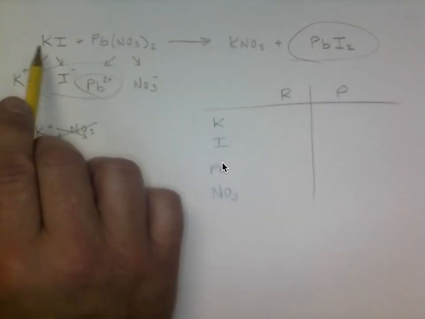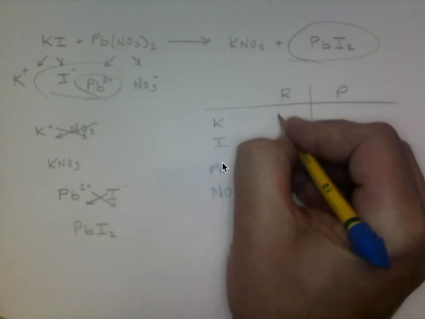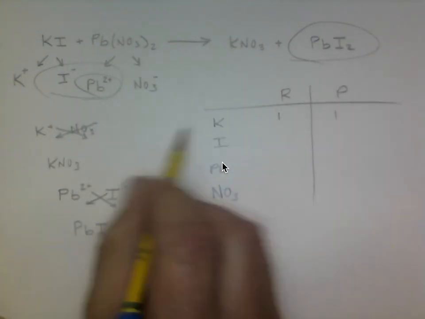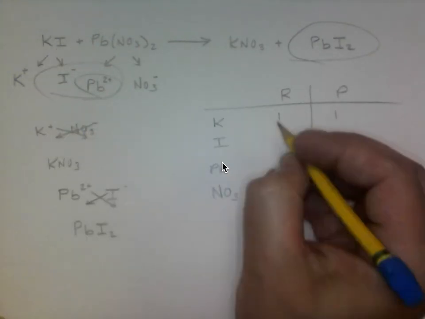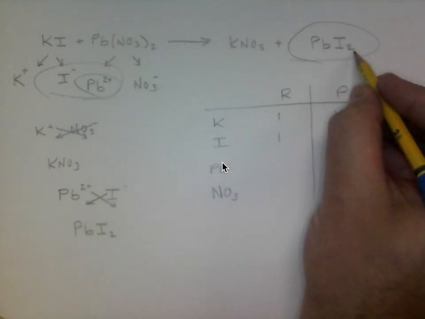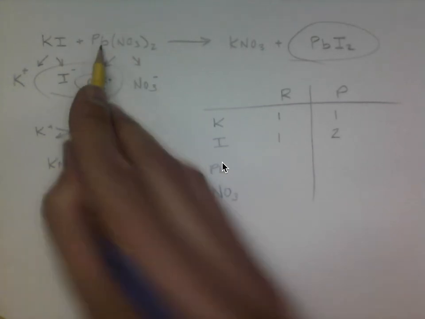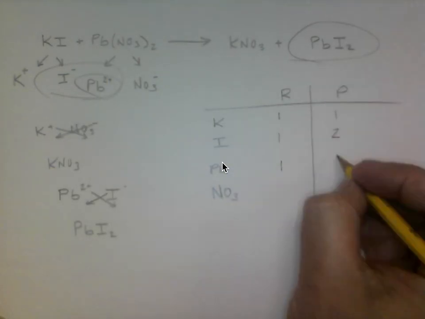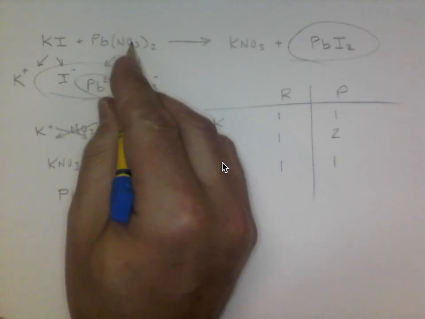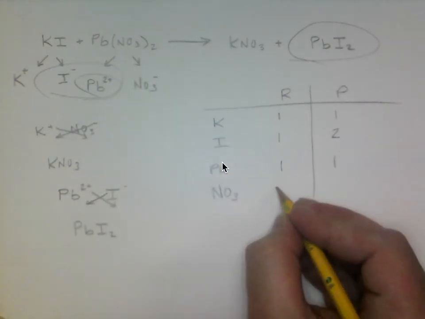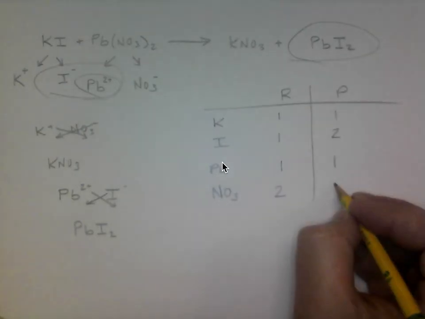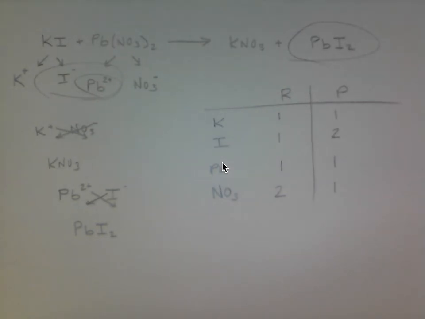Taking a look at both sides, we have one potassium in our reactants, one in our products. We have one iodide in our reactants, but here we can see the subscript 2, we have two iodides. We have one lead, and we have two NO3s here, two nitrates, and only one over here. So we have to do some balancing.